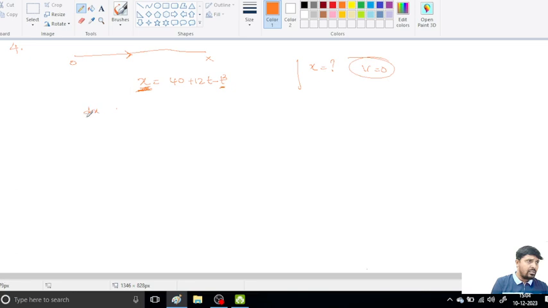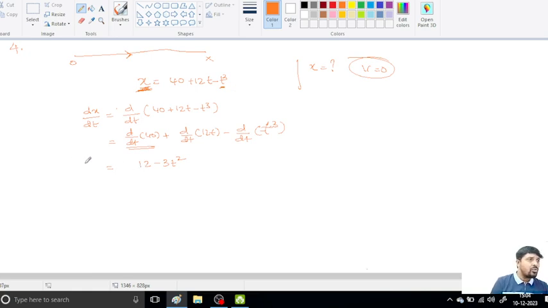So dx by dt equals d by dt of 40 plus 12t minus t cube, which is d by dt of 40 plus d by dt of 12t minus d by dt of t cube. Now this becomes 0, and here it is 12 minus 3t square, since the differentiation of t cube is 3t square.